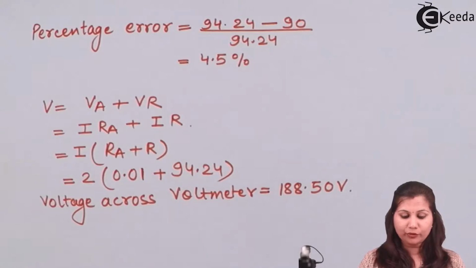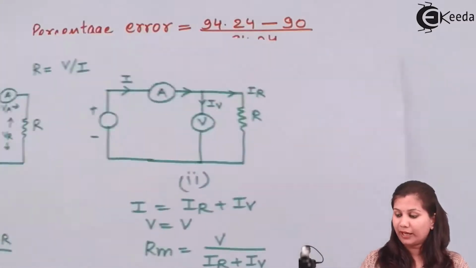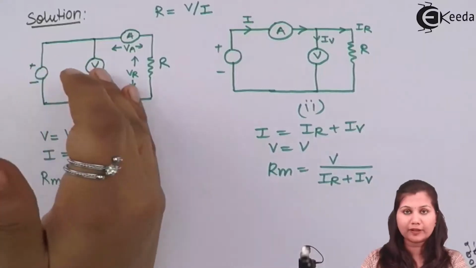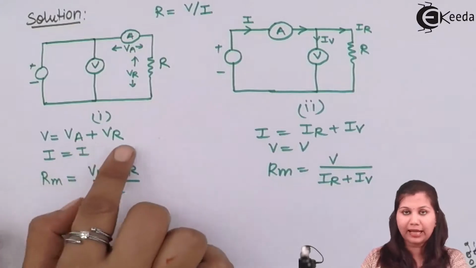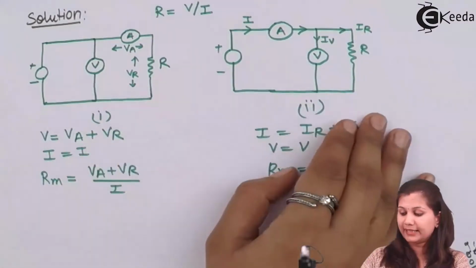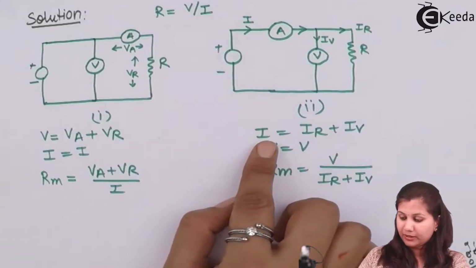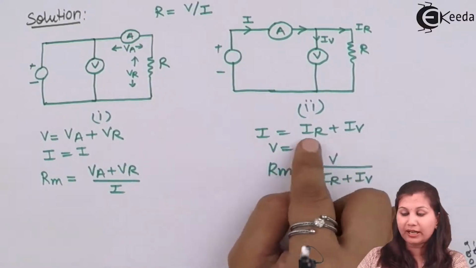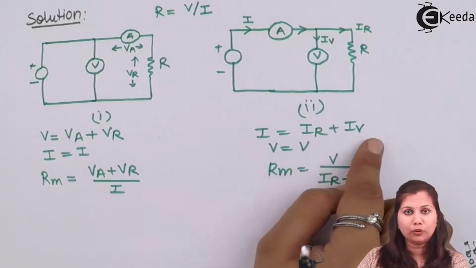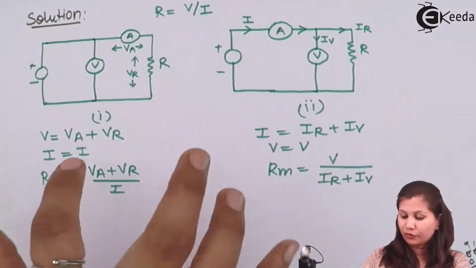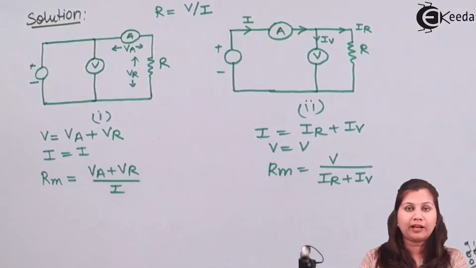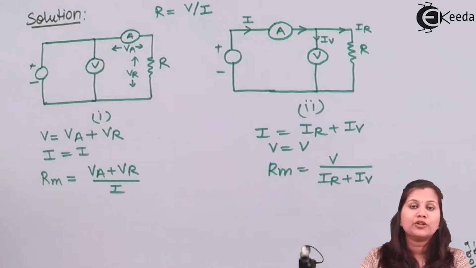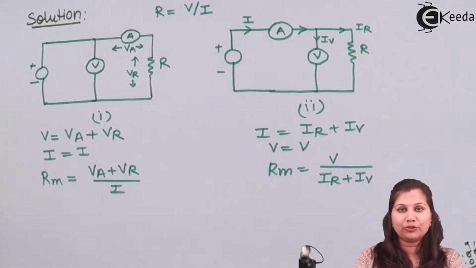We just have to remember the circuit diagram, and keep in mind that in the first case, the voltmeter is measuring the sum of the voltages across the ammeter and the unknown resistance, and in the second case, the ammeter is measuring the sum of the currents across the resistance and the voltmeter. The difference is there. So when this concept is clear to us, we can easily find out the measured value, true value, and percentage error in both cases. So I hope that this problem is clear to you. Thank you.